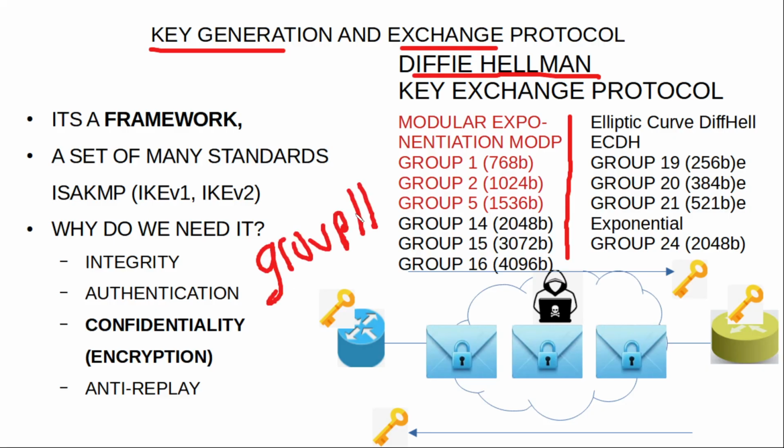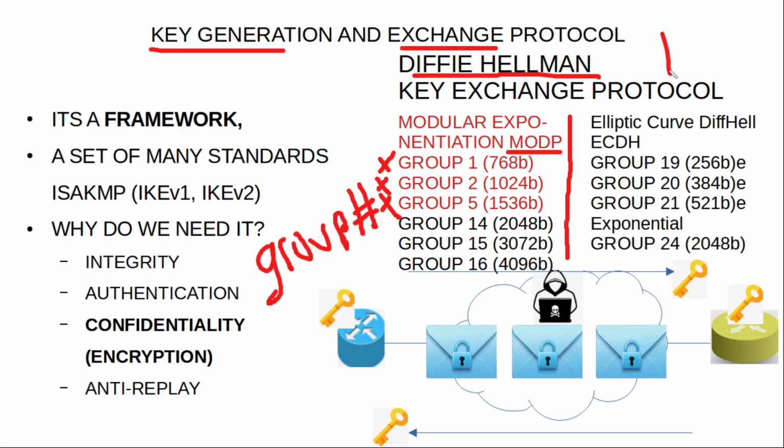We have what we consider to be the old set of group numbers for Diffie-Hellman that are based on modP or modular exponentiation: groups 1, 2, 5, 14, 15, and 16. You should not use these ones because they are breakable. Make sure to use Diffie-Hellman groups that use more than 2048 bits.